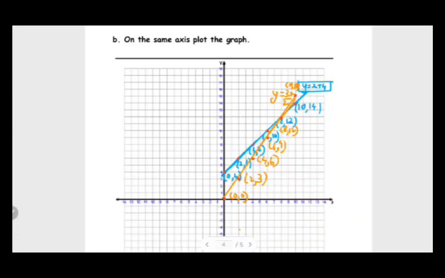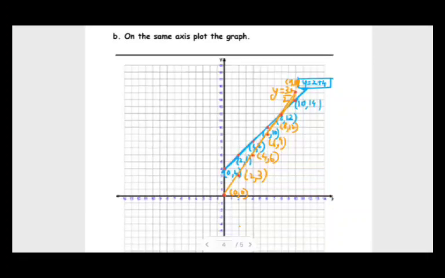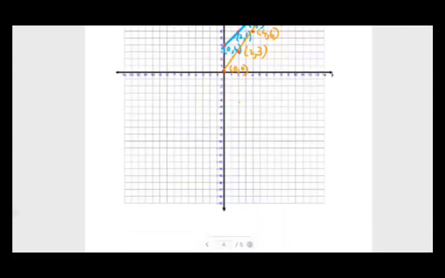All right, so this is how we have plotted both the graphs with different coordinates on the same graph.